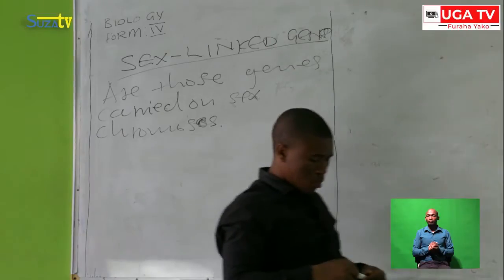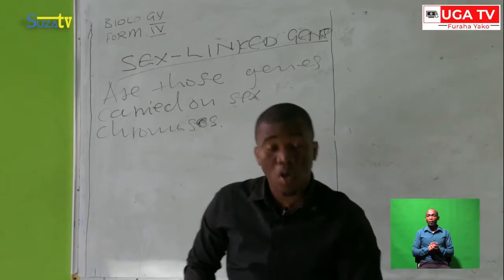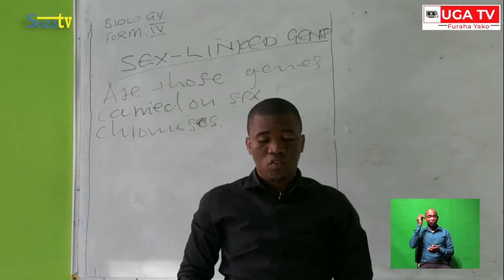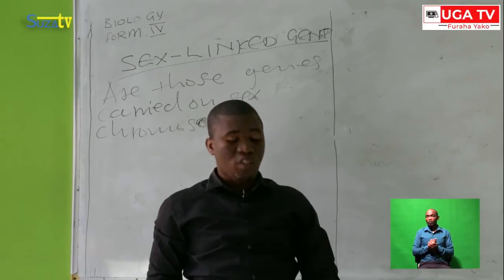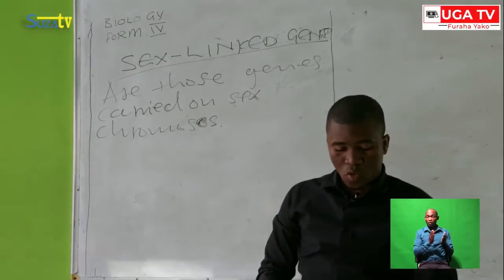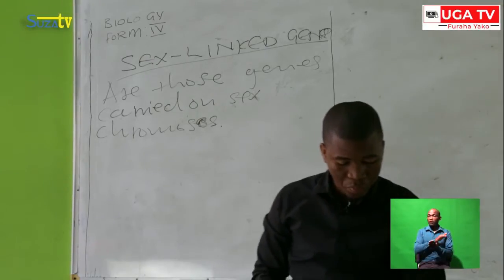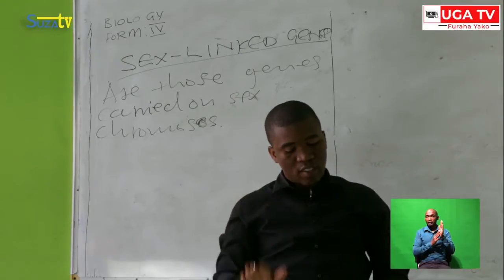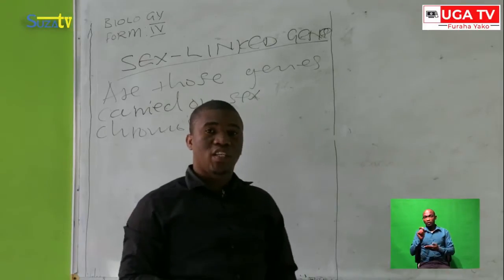Right. So we want to have more knowledge and concepts concerning this aspect. So for that, open your textbook, please, on page 68. You shall start reading the aspect written sex-linked gene.